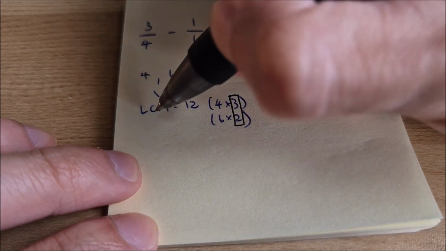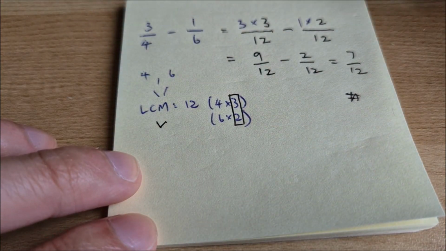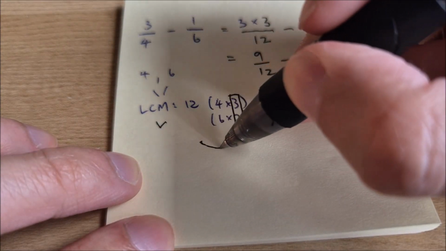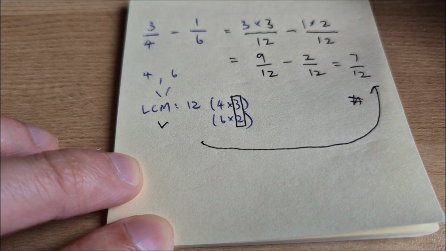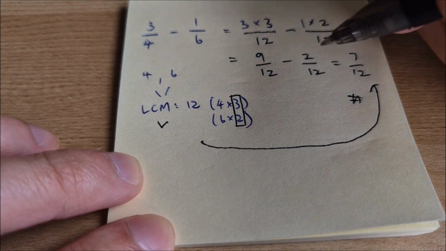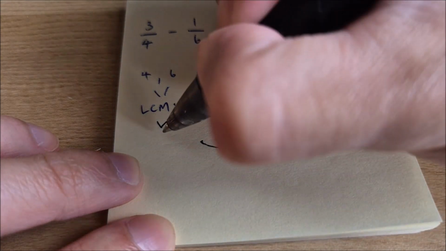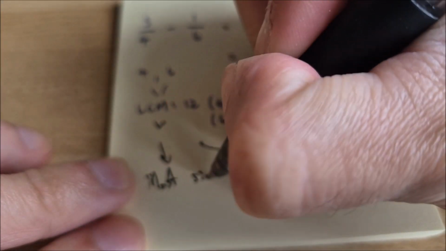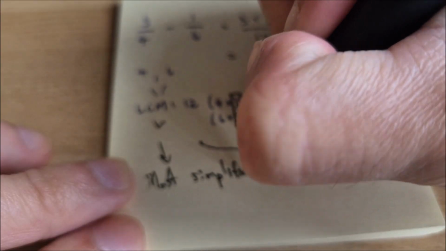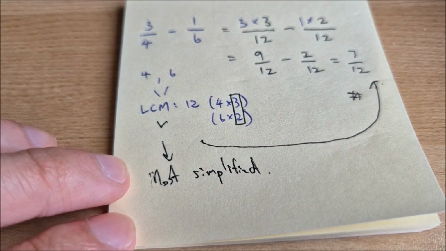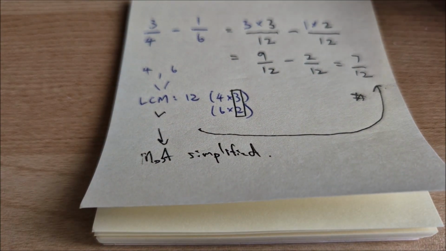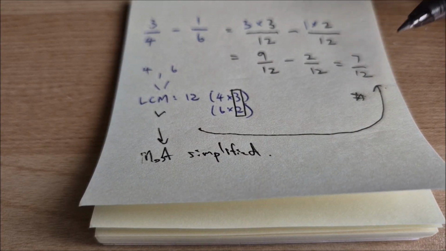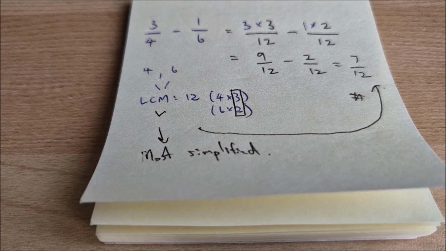Whereas by doing the lowest common multiple way, we immediately got to 7 over 12 because this so happened to be the most simplified already, which led us directly to this result. So there are different ways of getting to the same result.